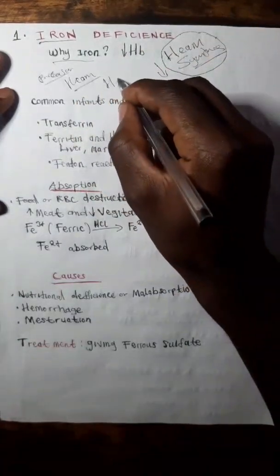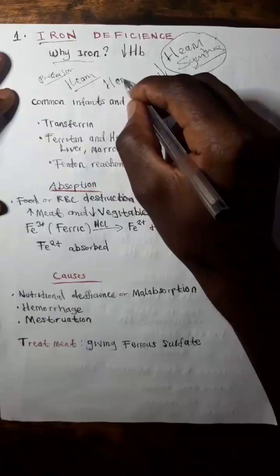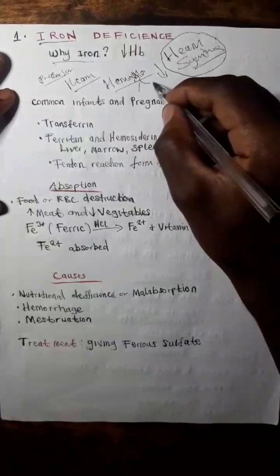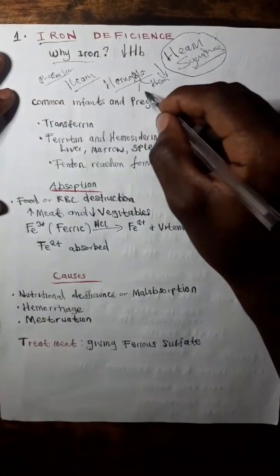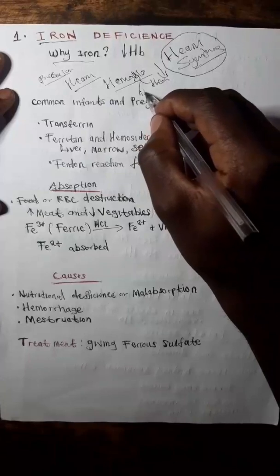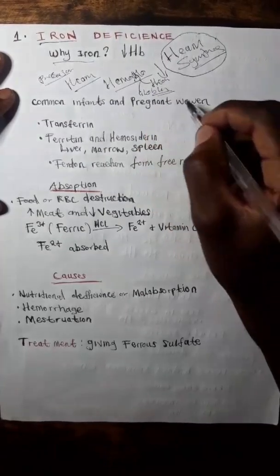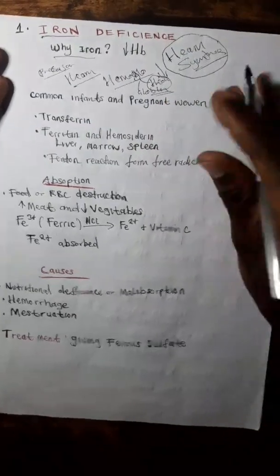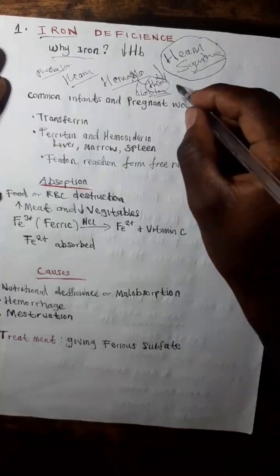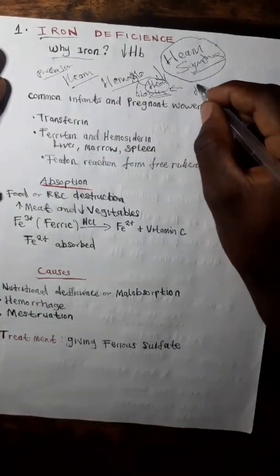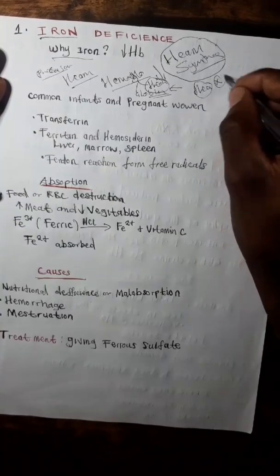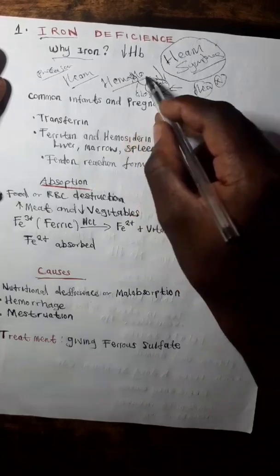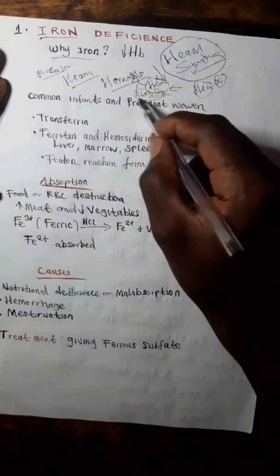The hemoglobin, let's talk about hemoglobin. It is made up of two things. We have the heme part and also the globin. Now here, that's where iron takes place when synthesizing. So when there is no iron, does it mean that heme can be synthesized? No, it can't be synthesized. So when there is no heme, does it mean that hemoglobin can be synthesized? No, we only have globin here.